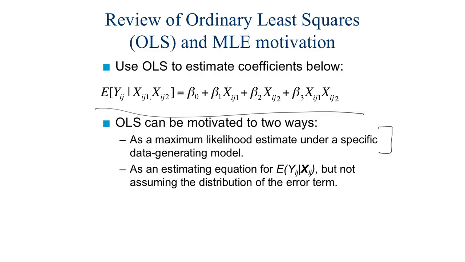I also can look at the OLS directly. You can show it's unbiased regardless of the distribution of the error term. So that's the estimating equation approach, where I'm not specifying what the error term could be. It could be symmetric. It could be slightly skewed. It only has to have mean 0 given the x.